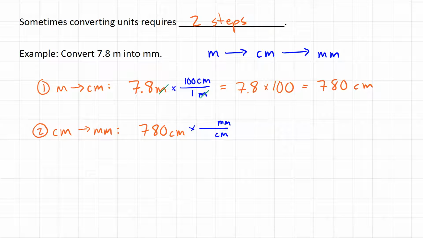And again, I go back to my unit conversion table, and I find that there are 10 millimeters for every 1 centimeter. This is going to get rid of my centimeters and leave me with millimeters. So I have 780 times 10 is equal to 7,800 millimeters.